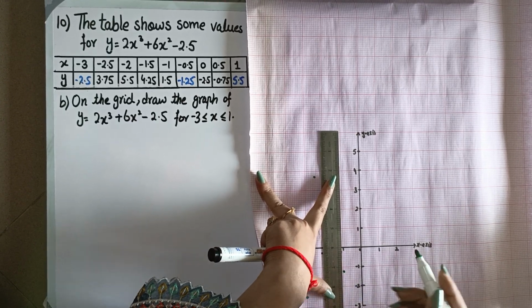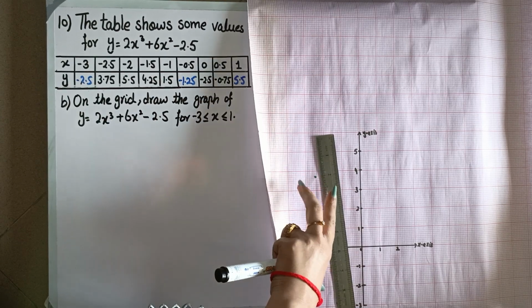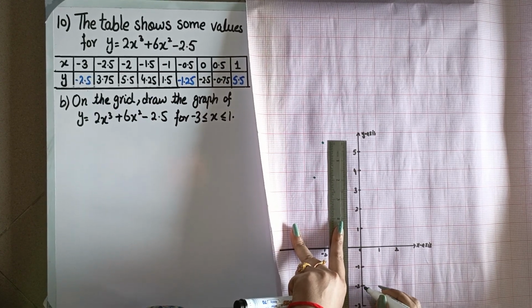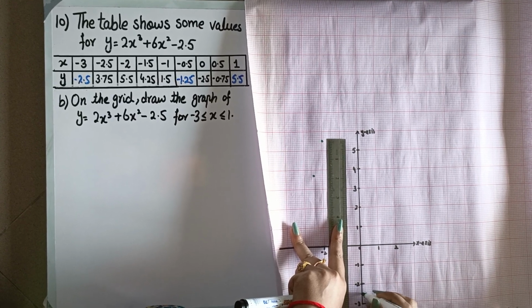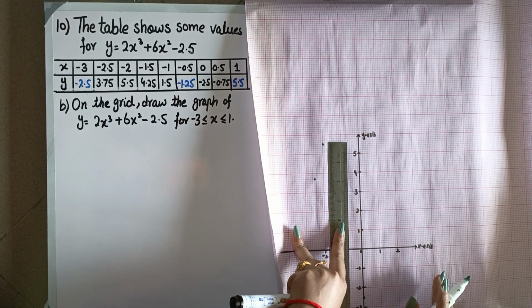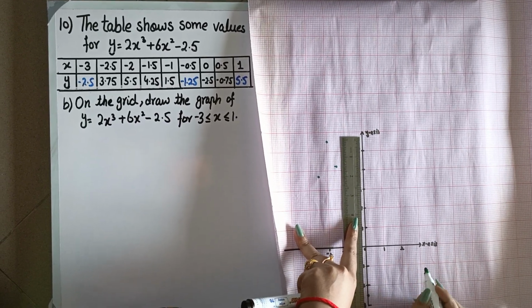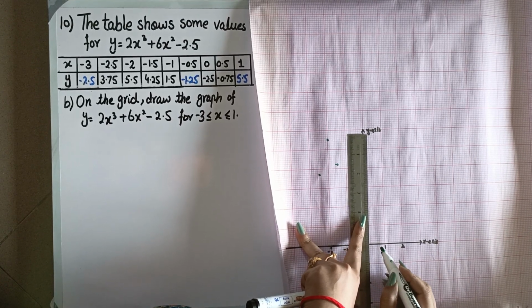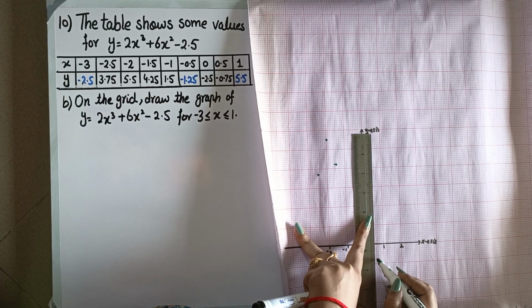The point for 0, the value is minus 2.5. The point will lie over here. Next, for 0.25, you have to mark negative 0.75.